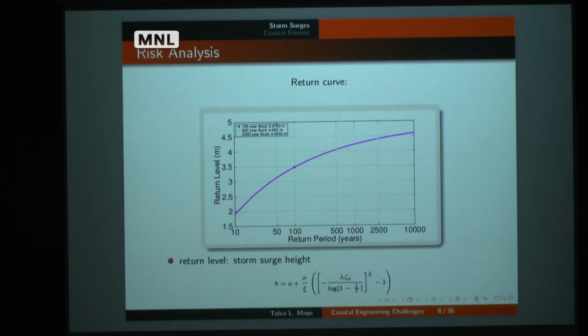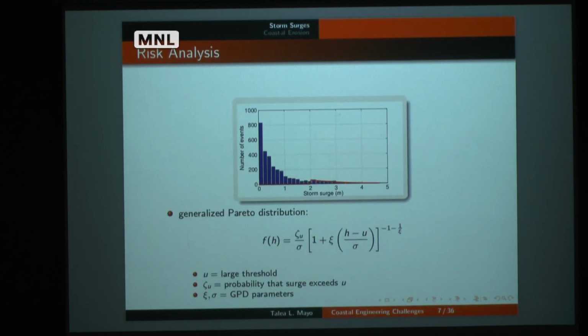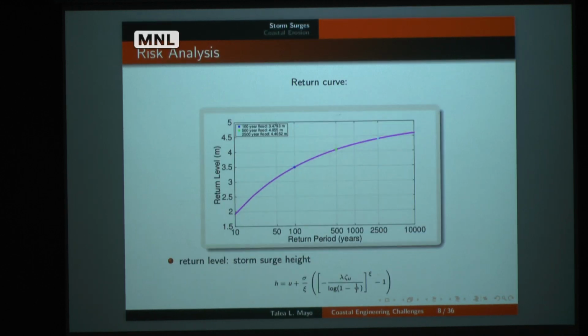So once you have modeled the tail of the distribution, you can more or less invert it. This uses the same parameters, and then you come up with your return curves. You'll often hear engineers talk about the 100-year flood or 100-year storm surge. What it means is it's a measure of the probability that you're exceeding that height.